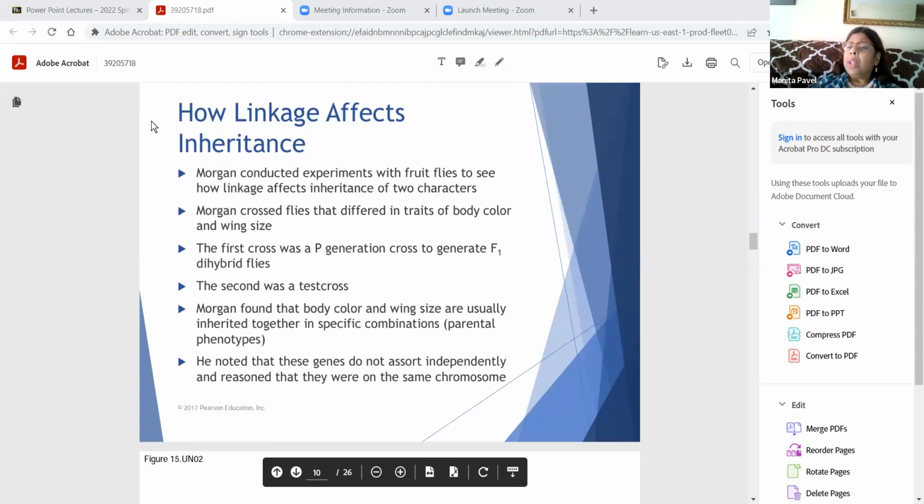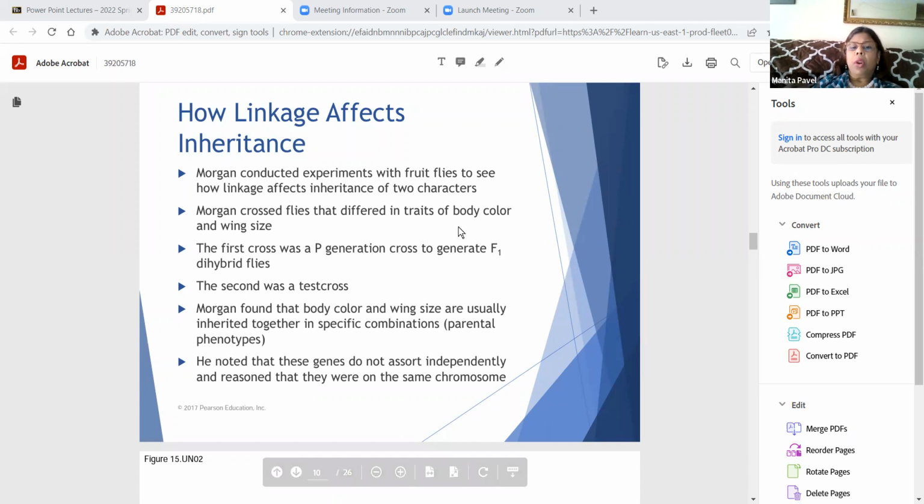So how does linkage now affect inheritance? Again, Morgan conducted experiments with fruit flies to see how linkage is going to affect the inheritance of 2 characteristics or 2 traits. Morgan crossed flies that differed in traits of body color and wing size.